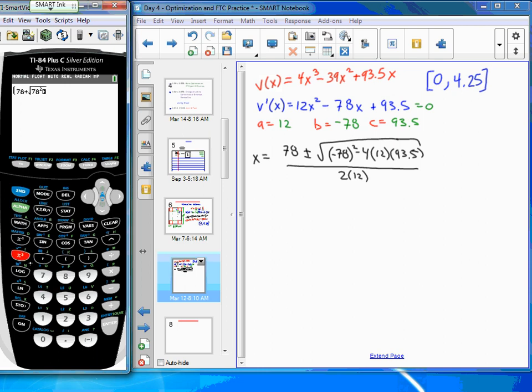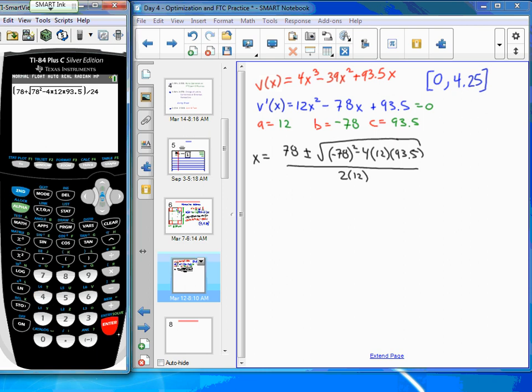That's always positive, so I'm just going to do 78 squared minus 4 times A times C, close radical, close numerator, all over twice the value of A, which is 24.